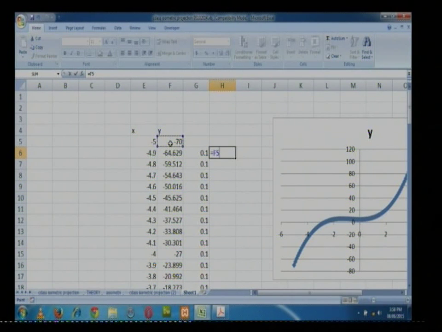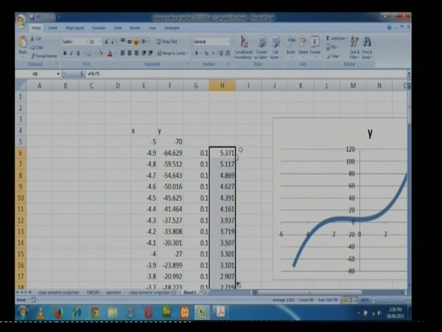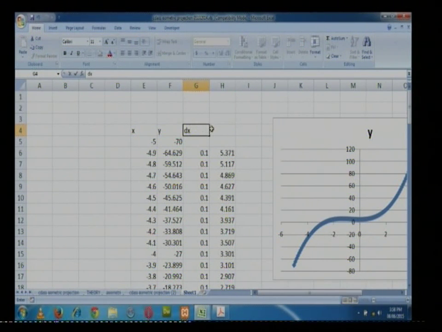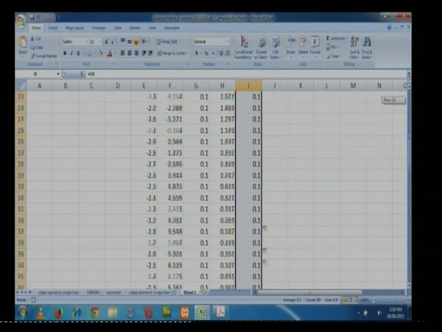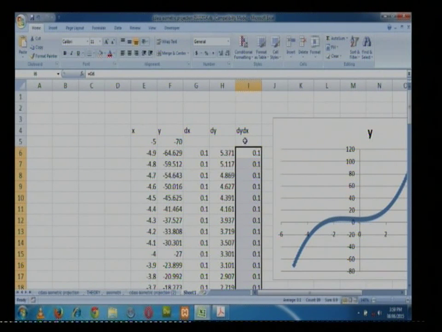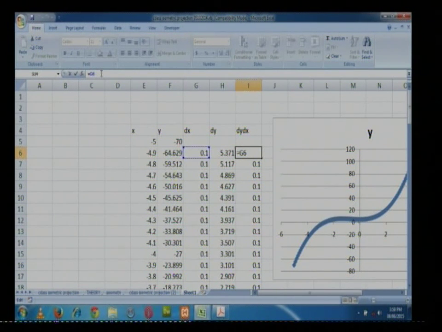Then y2 minus y1, so this is dy by dx. For the first point you have liberty to choose any point, but skip the first point, then it will be good.